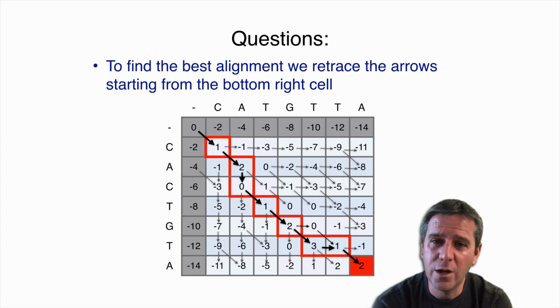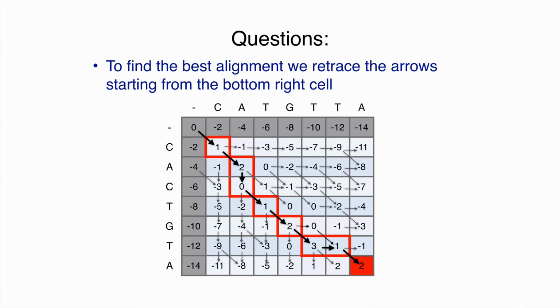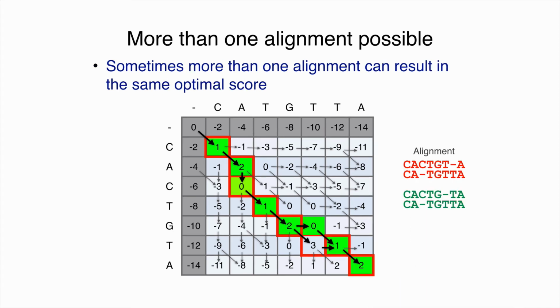Now, if you had really good eyes and were looking at this closely, you might see something that we find a lot. Sometimes there is more than one alignment that results in the same score. That is, there are often multiple arrows coming out of a cell and going into other cells that we can follow.